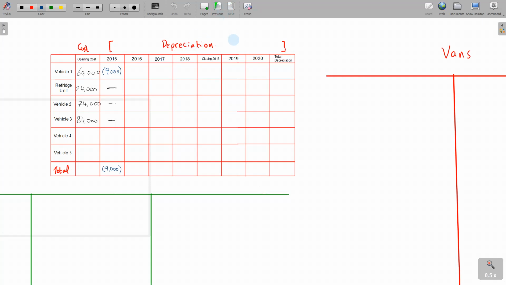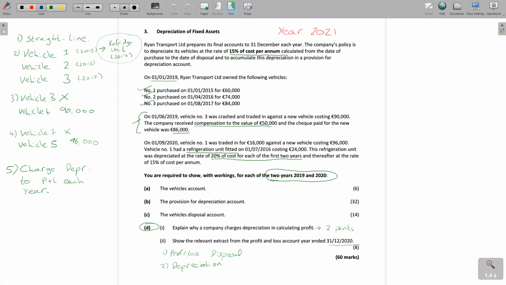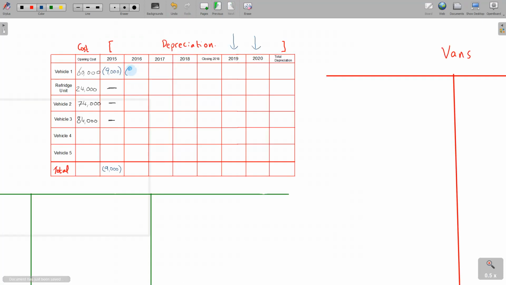We're only looking at the adjustments in 2019 and 2020. So we can just continue with adding depreciation up to this mark here. We bought it on the first 15, that's why it's a full year's depreciation. So again, it's going to be another 9,000 here, another 9,000 here, and another 9,000 here. So we have 9, 18, 27, so 36,000 worth of depreciation associated with vehicle 1.